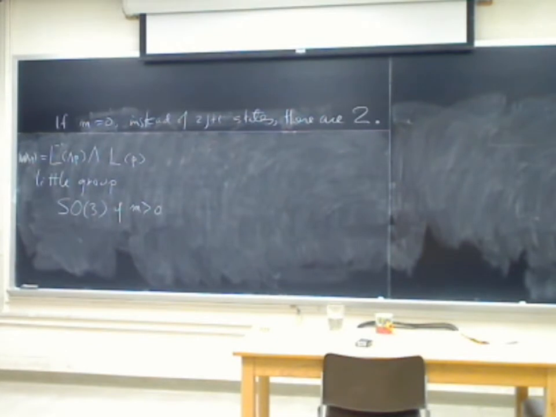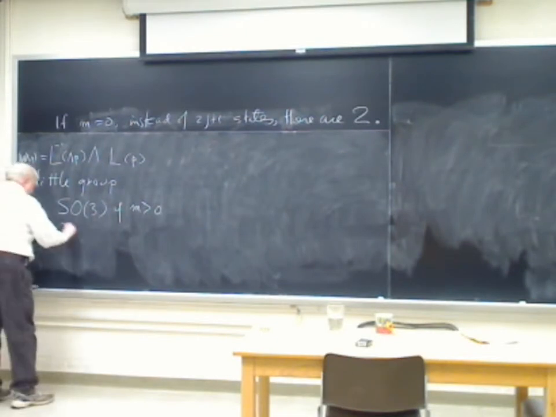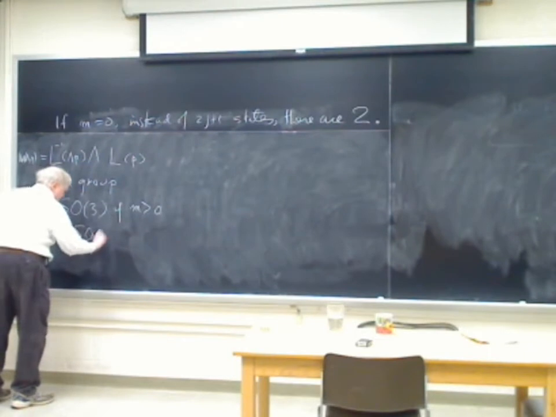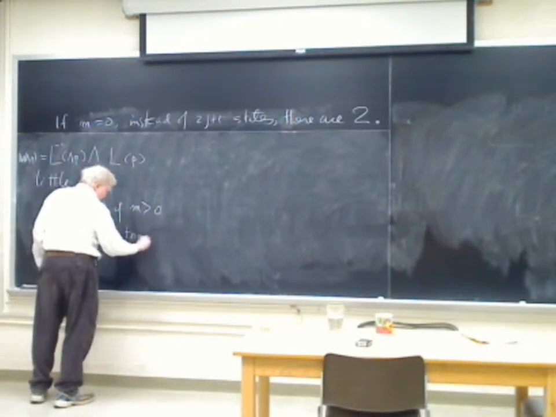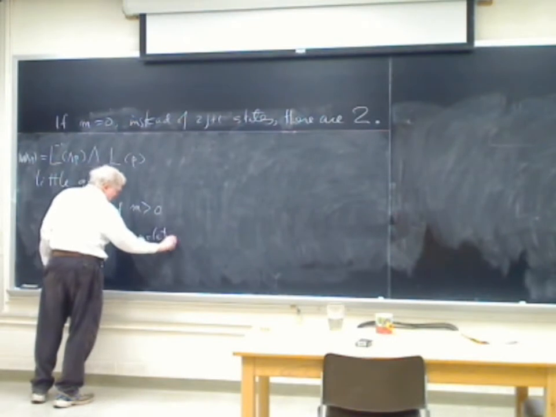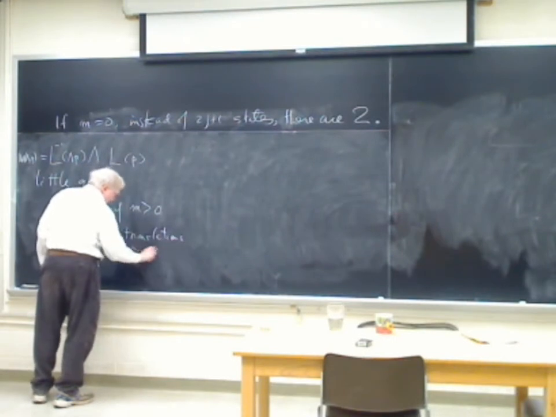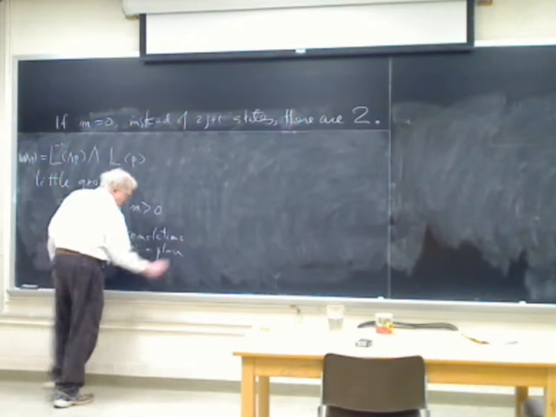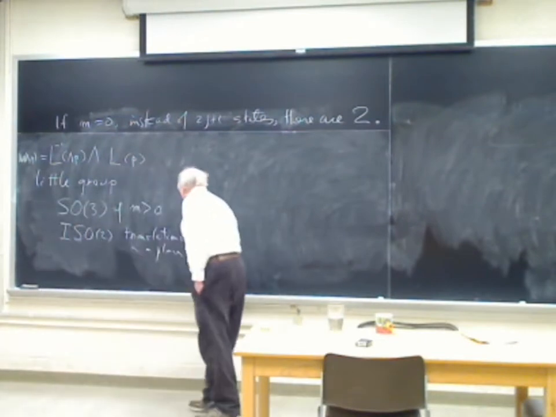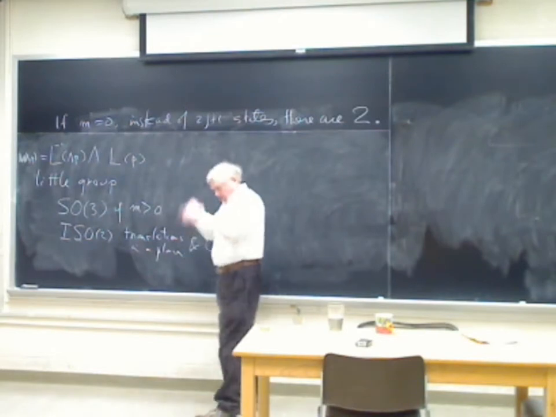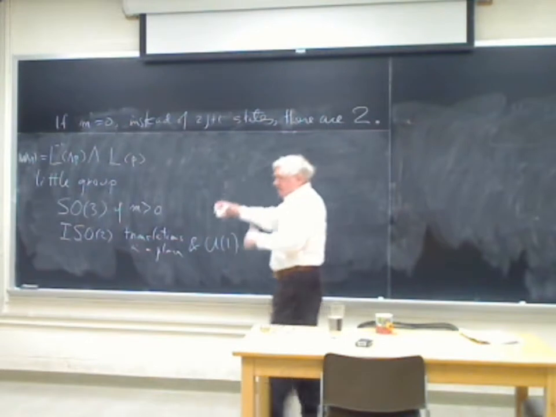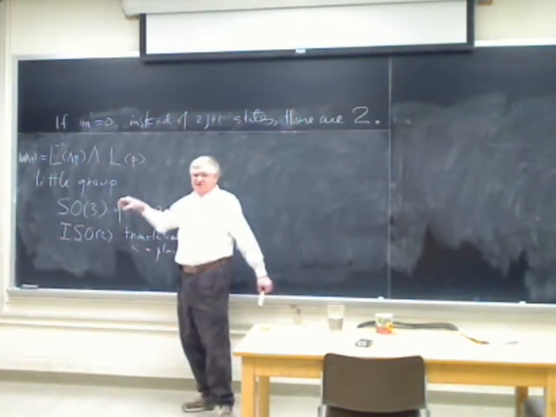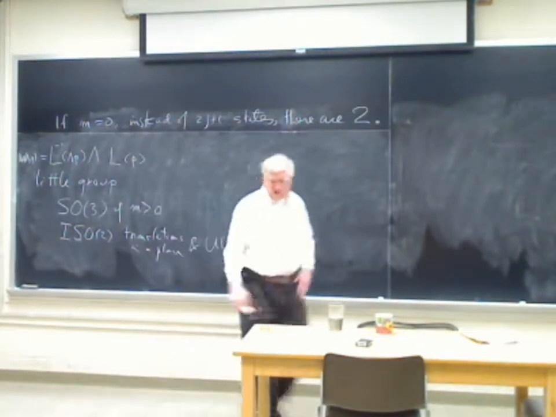One finds the little group is, if I'm not mistaken, ISO2, which is translation in a plane, and U1, basically. It's rotations in a circle. And it's the rotations in the circle that give you the right circularly polarized or left circularly polarized.